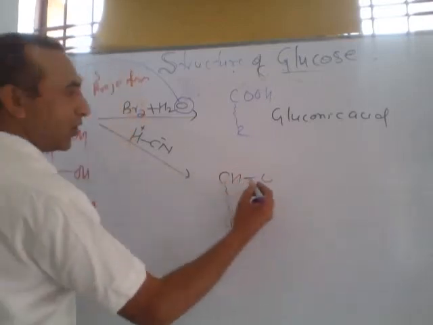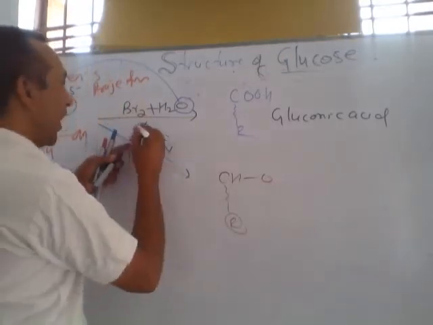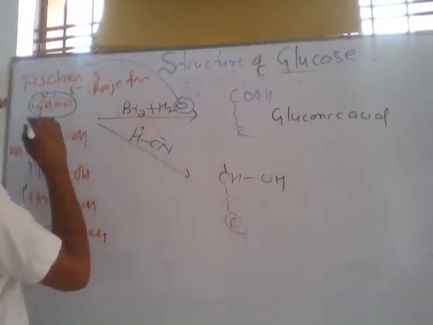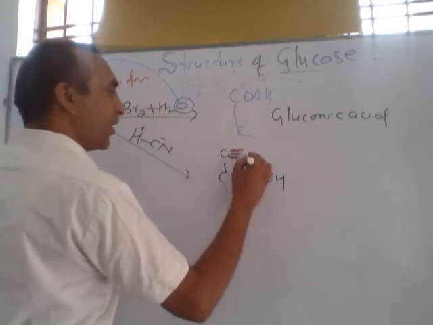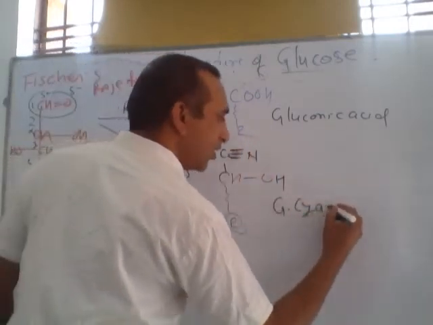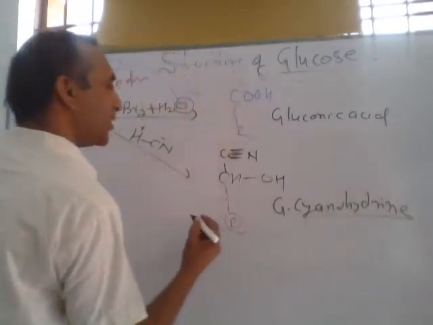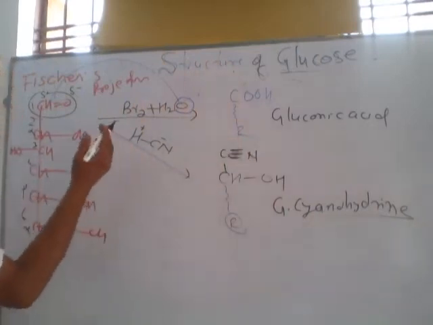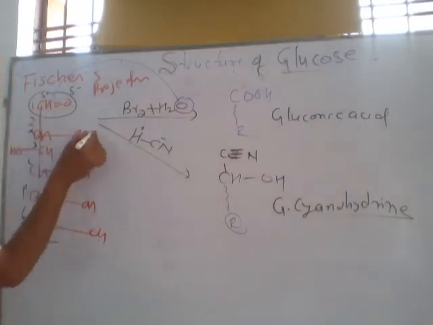This is the C double bond O. So the charge on oxygen is negative, hydrogen will join here, and the negative sign with carbon joins with carbon to form CN. Actually this is C triple bond N. This whole compound is called glucose cyanohydrin. So in an exam they can ask to convert glucose to glucose cyanohydrin. Also you can prove by this reaction that in glucose an aldehyde group is present.